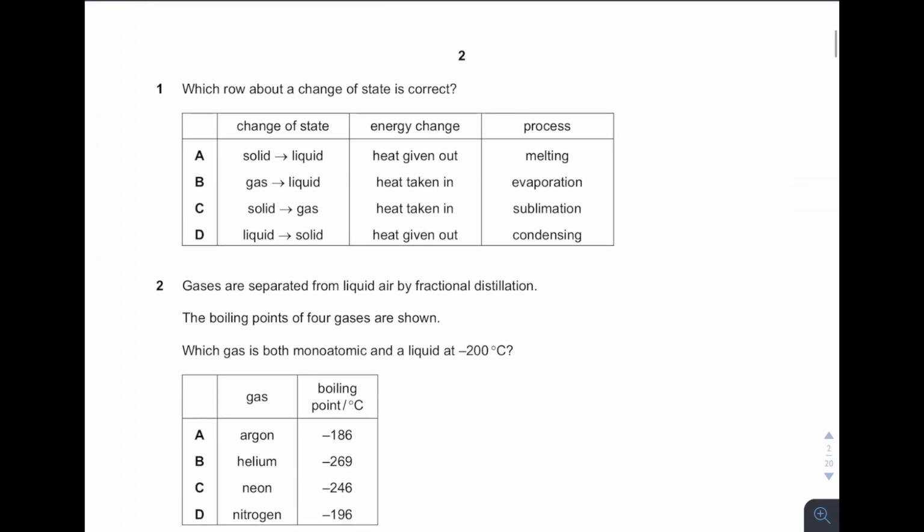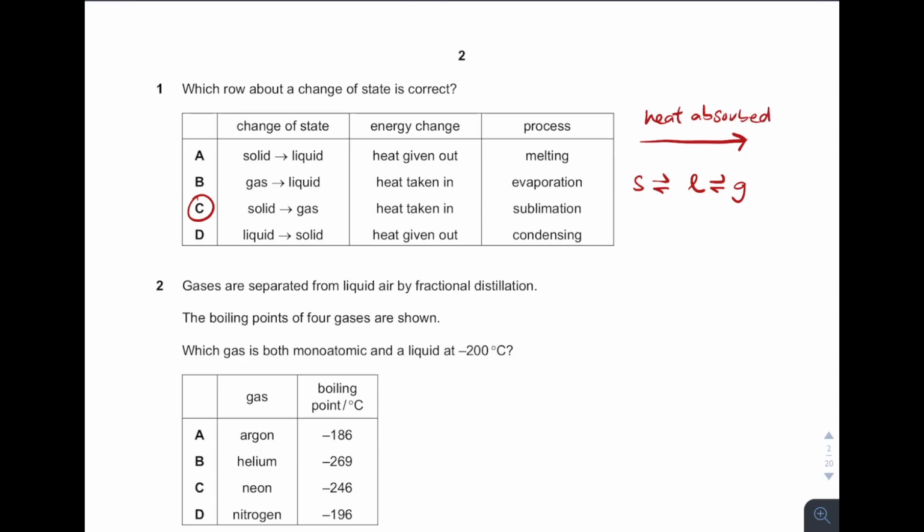Which row about a change of state is correct? In this case, the answer is C. Why is it C? Remember solid, liquid, gas. When it changes from solid to liquid to gas, in the direction from left towards the right, heat energy is absorbed to overcome the forces of attraction.